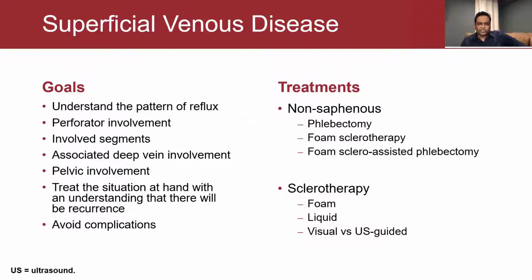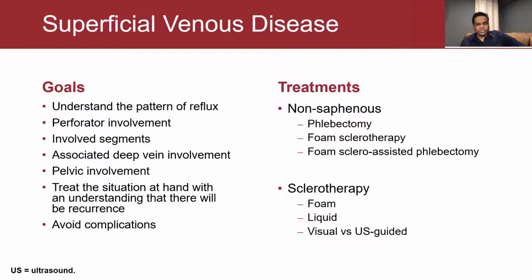The goals of management of superficial venous disease should include understanding the pattern of reflux, whether the segments involved include the perforators and deep veins, whether there is involvement of pelvic component, as I said earlier in my talk, and also to set those expectations right and patients understand that we're treating what is at hand at any given time, and there might be recurrences in the varicosities and the treatment and the symptoms associated with them.